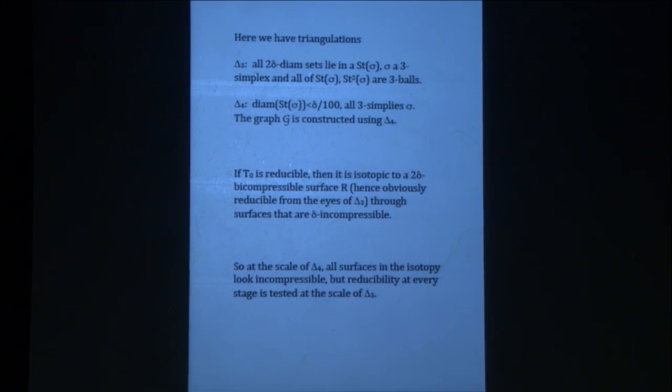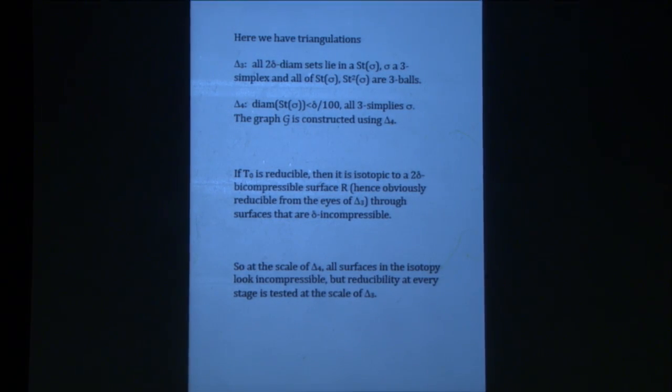with that triangulation, you could look at some reasonable distance, and you have enough vision to decide whether this Heegaard splitting is reducible, because you can see small compressions to the left and to the right.